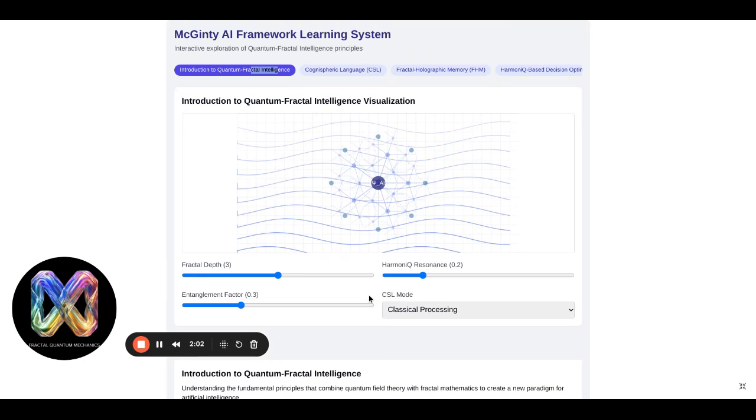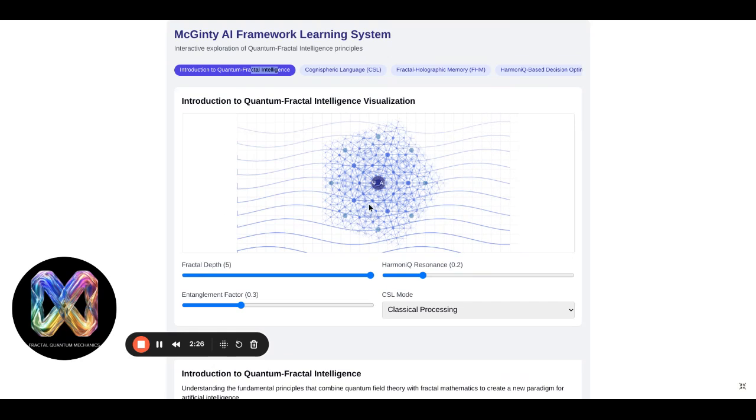Watch what happens when I increase the fractal depth parameter. Notice how the structures become more complex and self-similar.